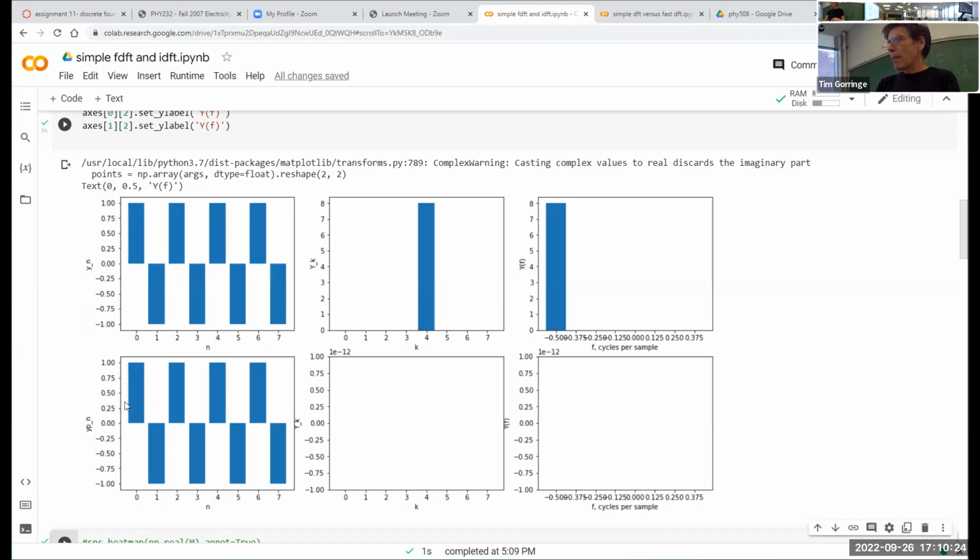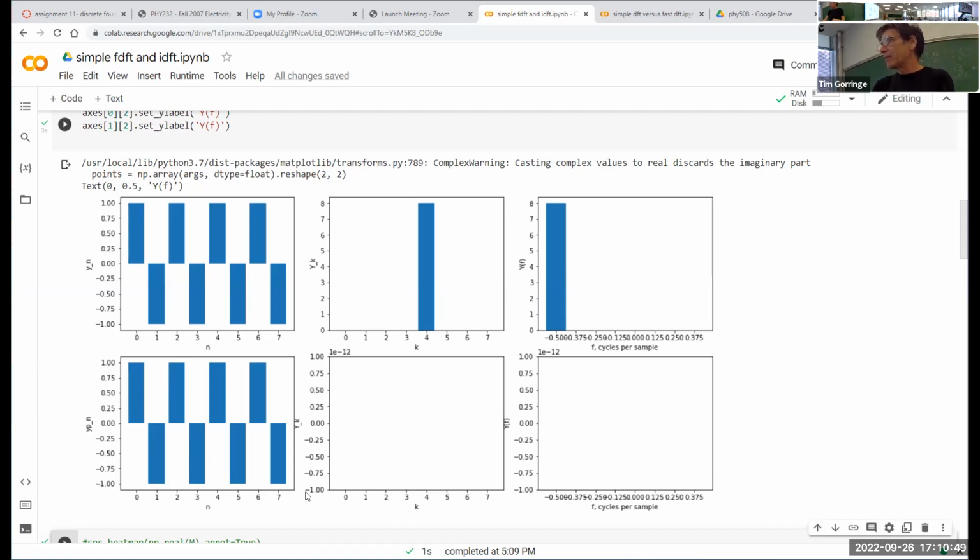In the bottom left side, this is the result of doing the transform to the frequency domain and then the transform back to the time domain. So I should get back what I started with. And this is also that square wave, 1, -1, 1, -1 bar chart. So at that level, it did work.